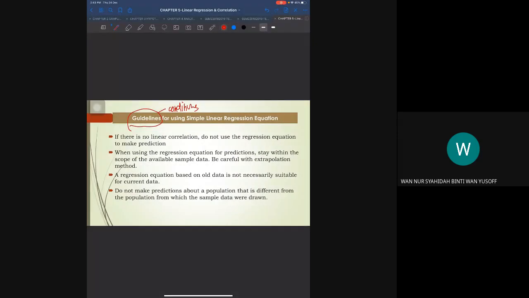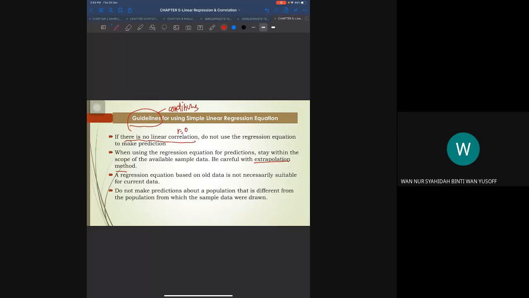We have 4 conditions where we cannot use the regression equation. The first one, when there is no linear correlation, meaning r equals 0. When using the regression equation for prediction, stay within the scope of available sample data. That is the interpolation just now; be careful with the extrapolation method.